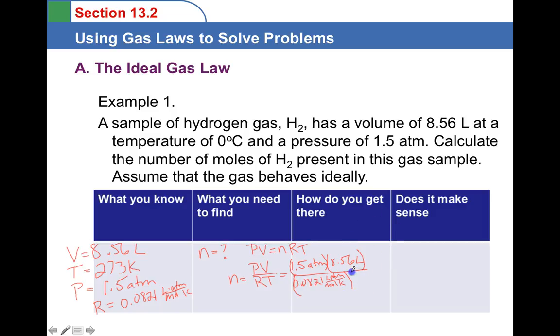And temperature is 273 kelvins. So atmospheres cancel atmospheres, liters cancel liters, and kelvins cancel kelvins. And so the number of moles, when I do all of this, is going to be 0.573 moles.